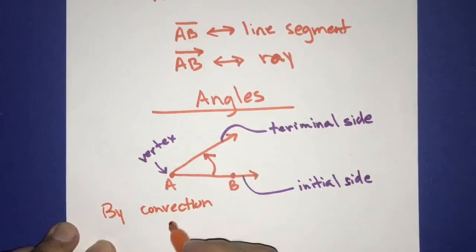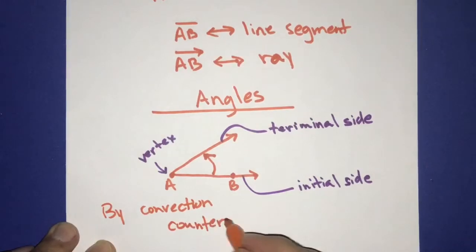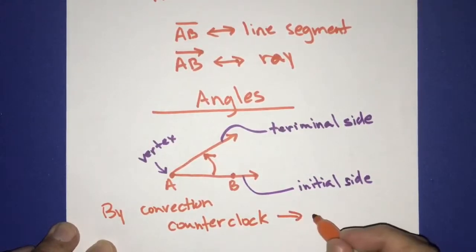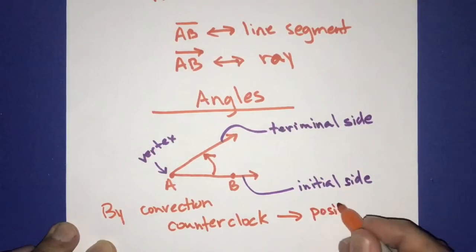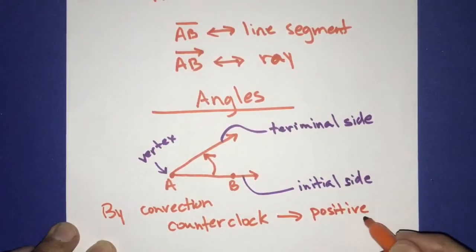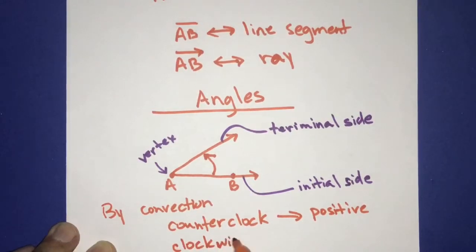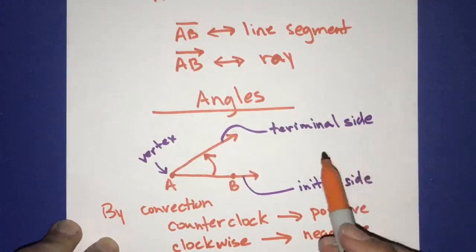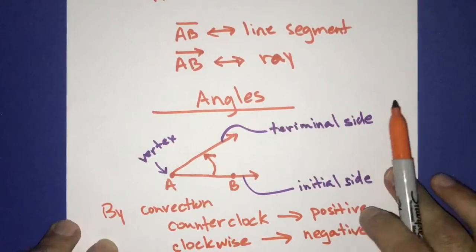So we see a counterclockwise rotation that's going to correspond to a positive measure of angle. And when we go clockwise, that's going to correspond to a negative degree measure of angle. Okay, so let's go ahead and take a look at what this is going to look like.